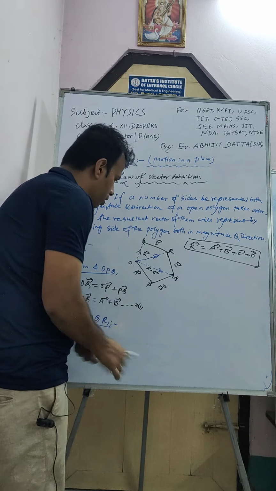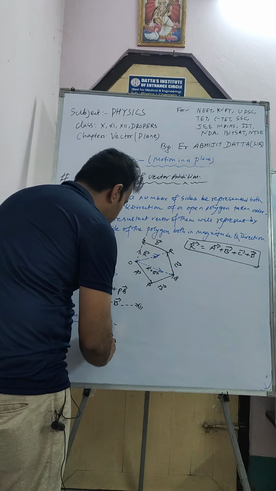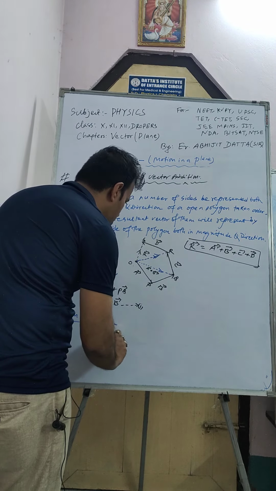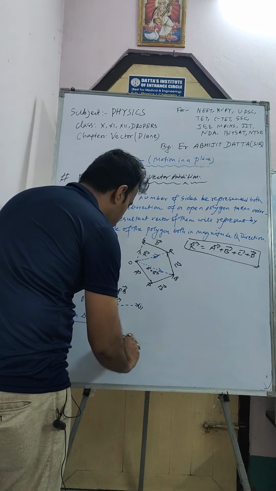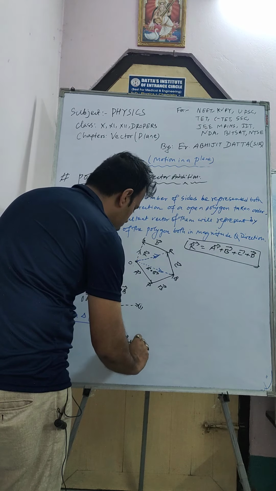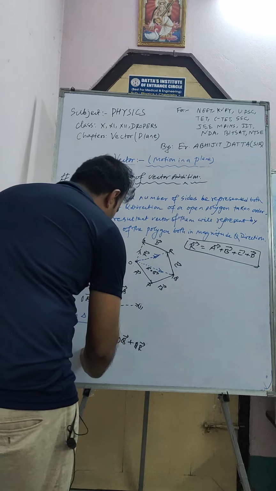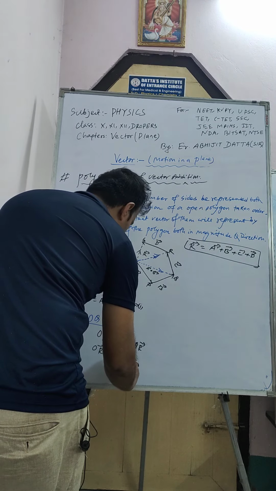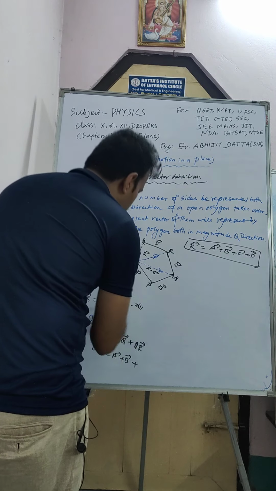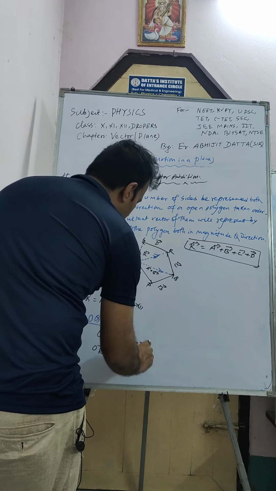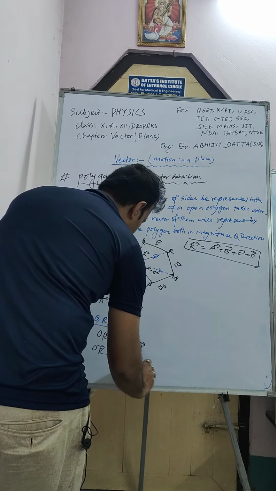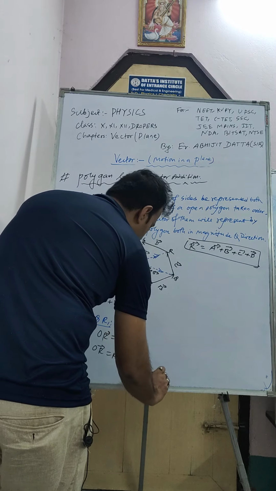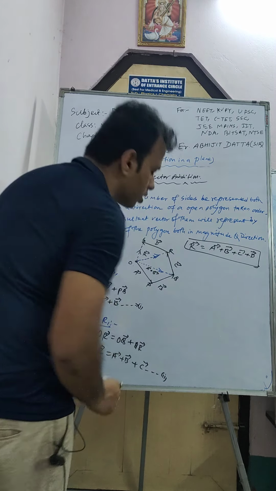So we can say OR equal to OQ plus QR, right? So OR is, from equation 1, A vector plus B vector, and QR is C vector, right? This one is C vector. This is another equation.